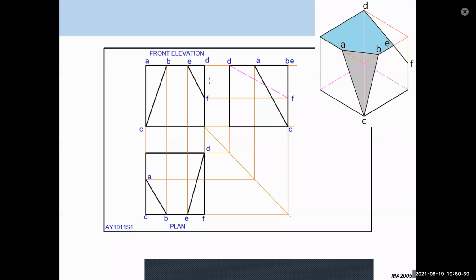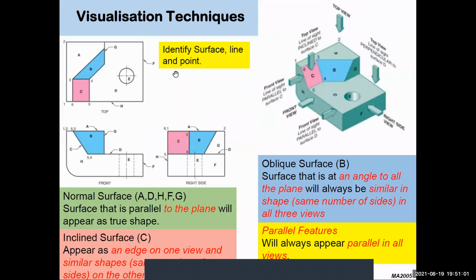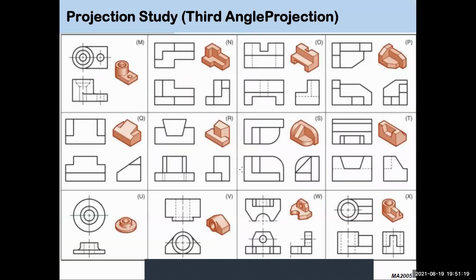Then you draw in the hidden line. Visualization techniques: as I mentioned just now, you can label the surfaces first, then label the corners, then draw it. So you don't need to rely on visualizing, you just follow the labels. So these are some examples of third angle projections.